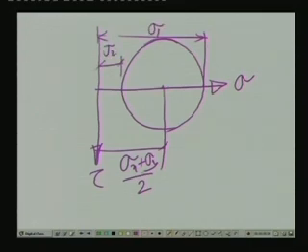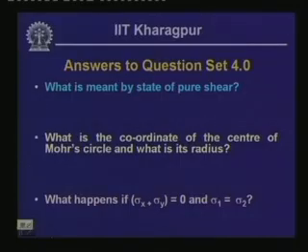So, if sigma x plus sigma y is equal to 0, this particular point moves to the origin, which is the state of pure shear, and if sigma 1 is equal to sigma 2, that means the circle reduces to a point, and thereby there is no shear in that particular plane.